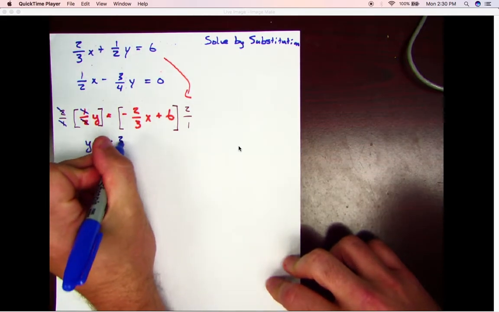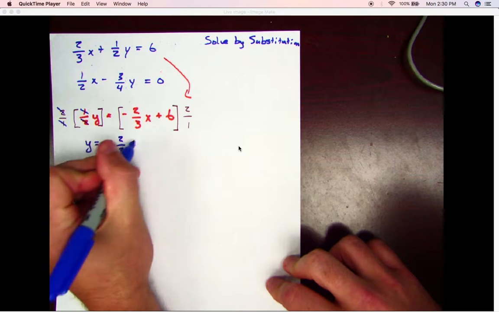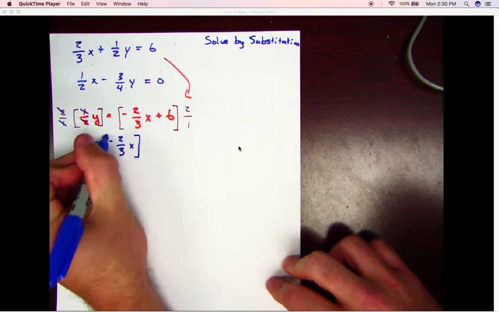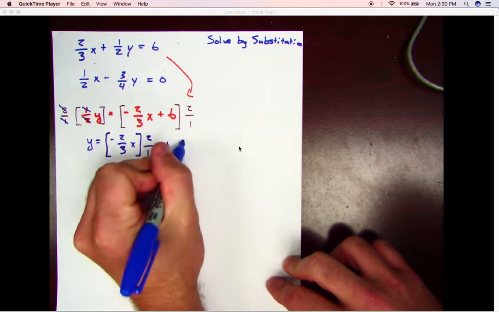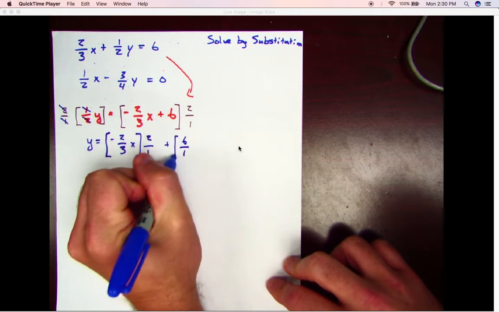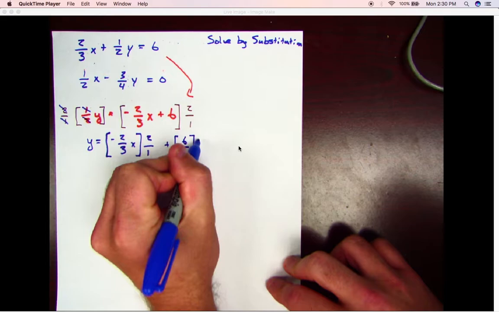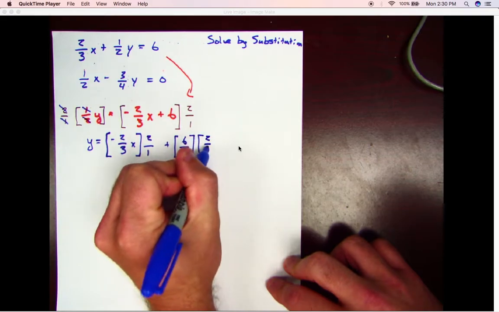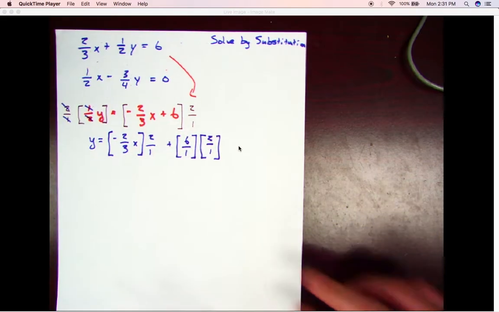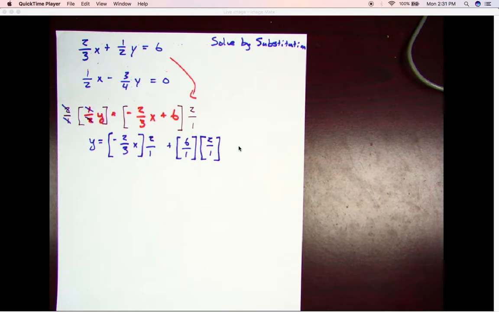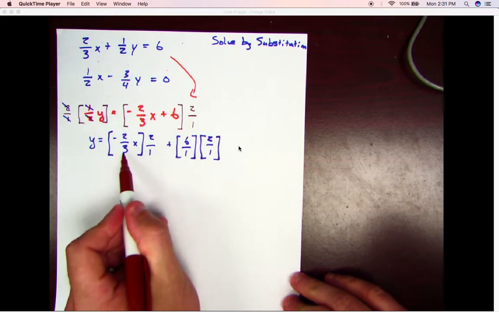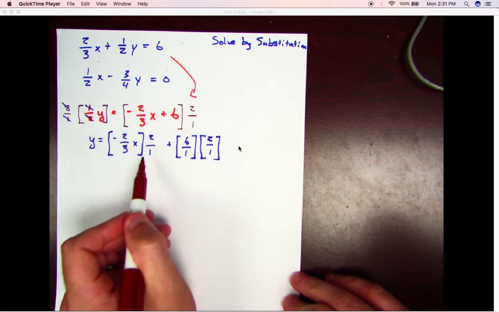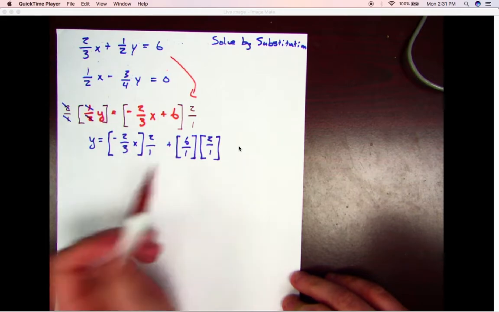I'm going to write it out a little bit better here so I can have it all broken up: 6 over 1 times 2 over 1. That way I can see what's going to cancel out. Nothing cancels out with this 2 and this 3, and this 2 and this 1, so we're going to have to multiply straight across.